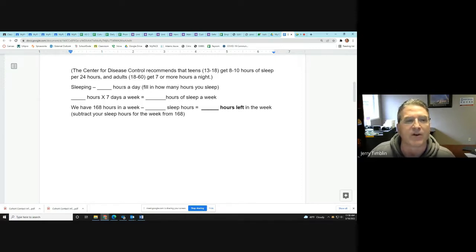I think just going through a couple of these to show you what to do will make it a bit easier. So for sleep, you're putting in how many hours you sleep per night. It could be 5, 6, 7, 8, 10 hours, whatever number of hours you sleep. For this example, I'm going to say 7 hours of sleep a day.